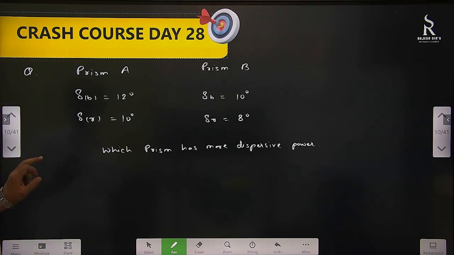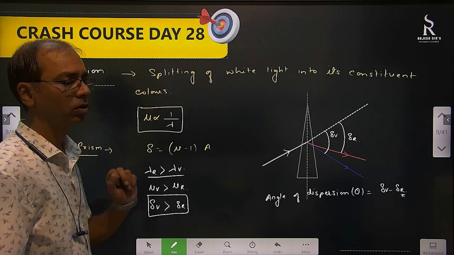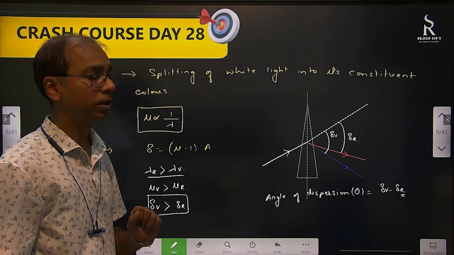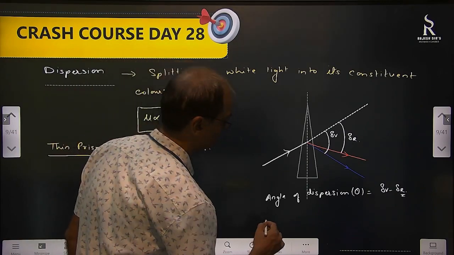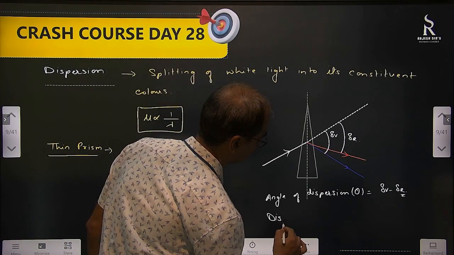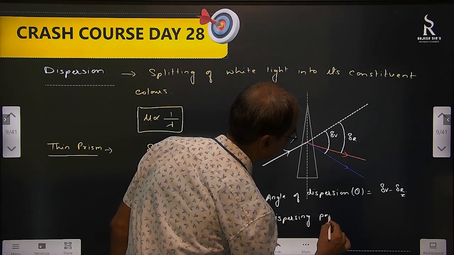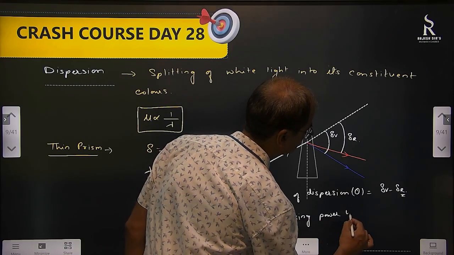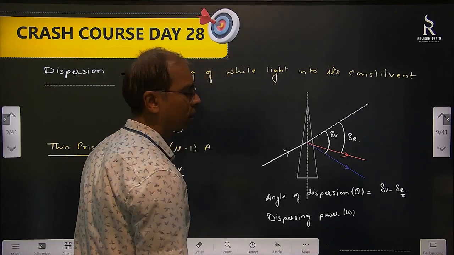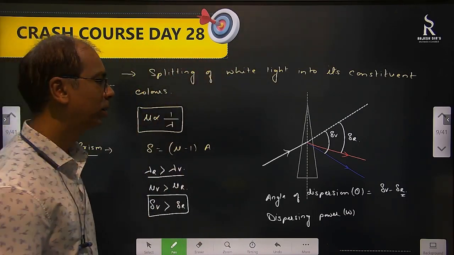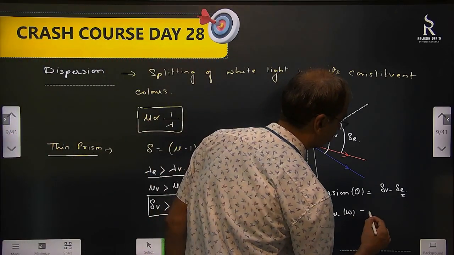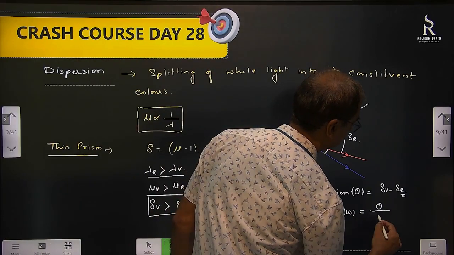Then another thing in the prism is called dispersing power. That means how much a prism can disperse, and this we represent with omega. Now what is this omega? Omega is the ratio of the angle of dispersion to the mean deviation.